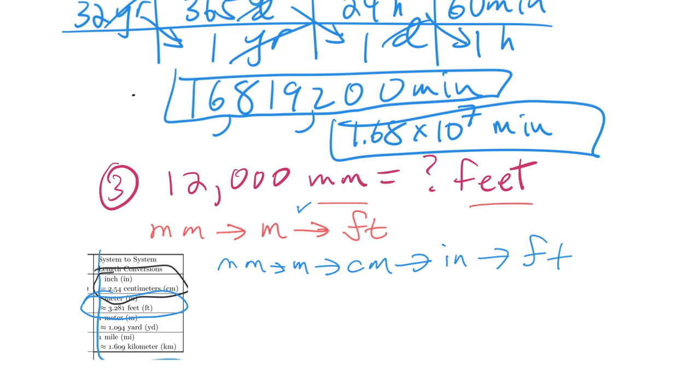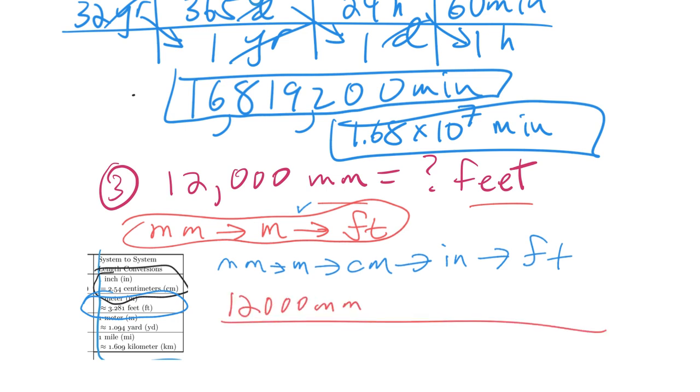So I'm going to start with 12,000 millimeters. That's my known term. I'm going to go to meters. Milli stands for 10 to the negative 3. It cancels out the millimeters. Bring down meters.